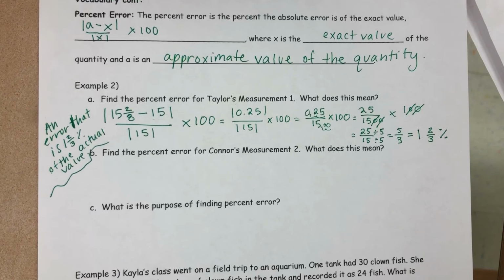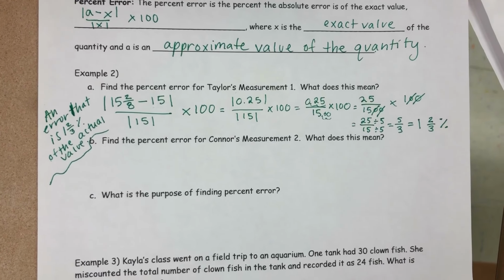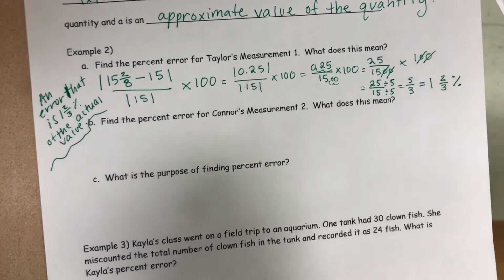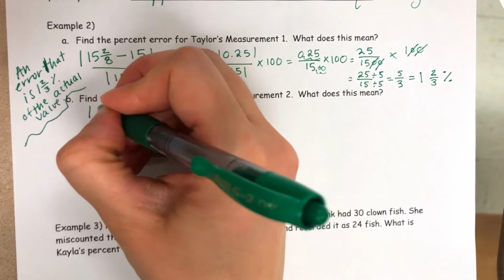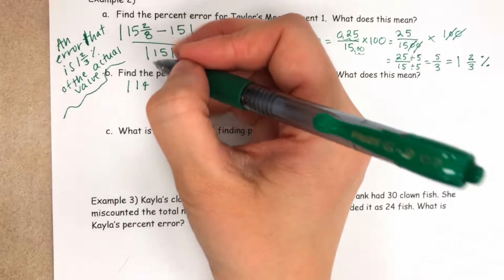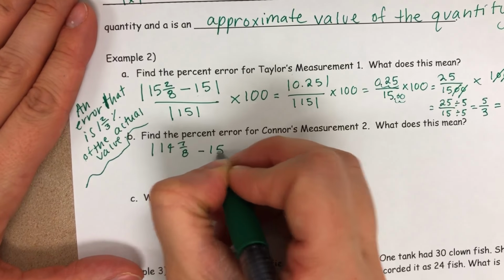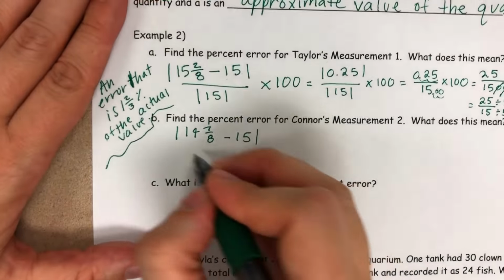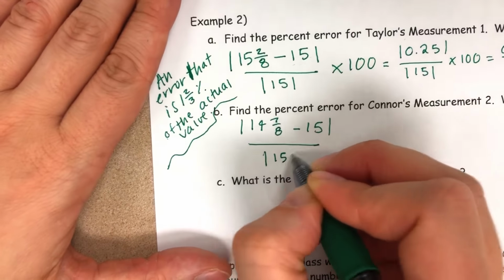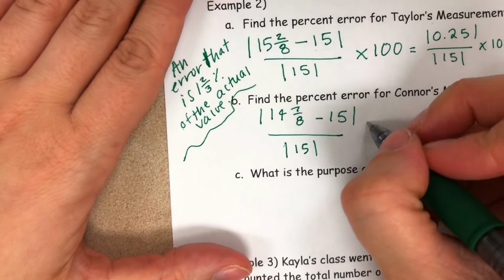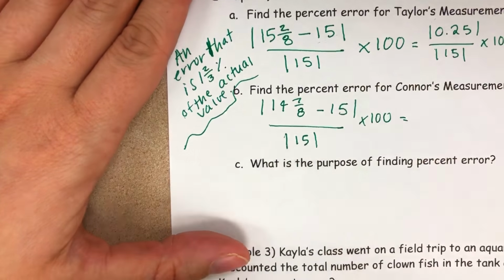Well, what about Connor's measurement 2? Okay, Connor's measurement 2 from the front side is 14 7/8 inches, minus the actual, divided by the absolute value of the actual. Both have the absolute value, times 100.